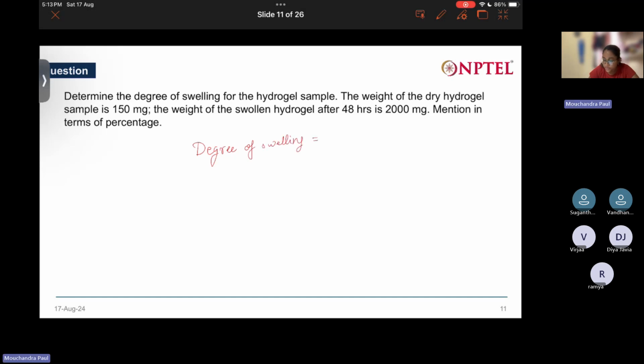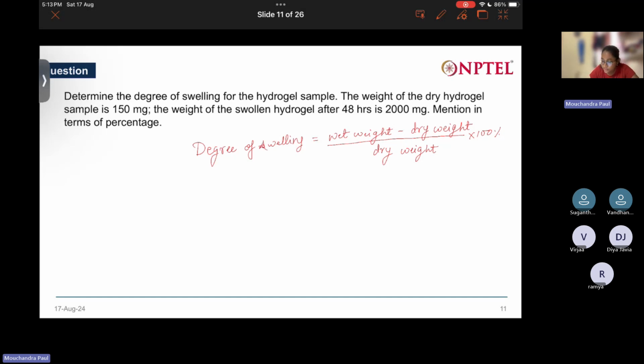Degree of swelling is given by wet weight minus dry weight, divided by dry weight, into 100. Okay, so this is how you will calculate the degree of swelling.